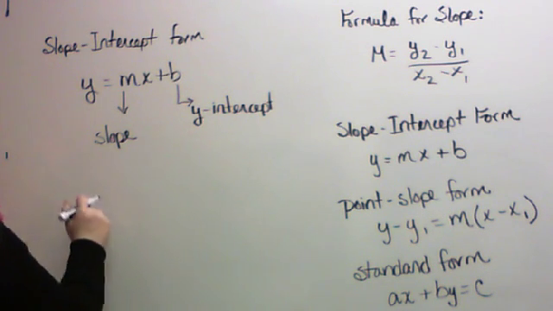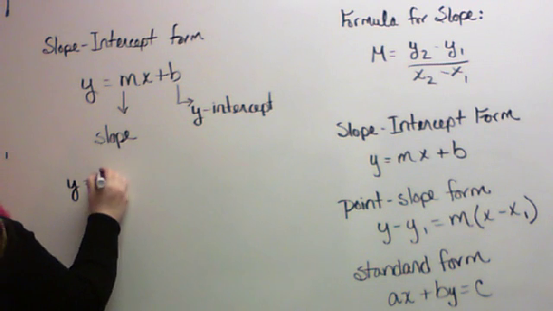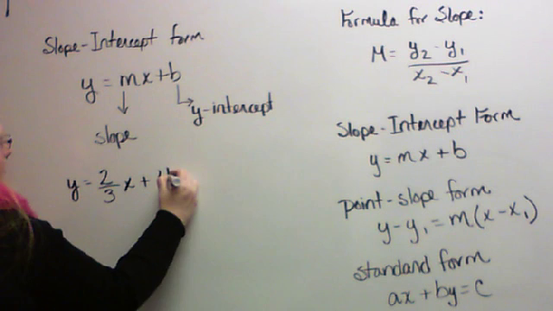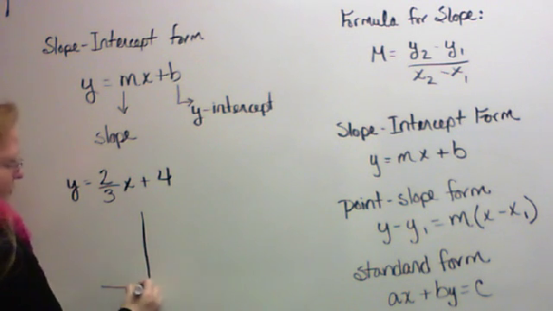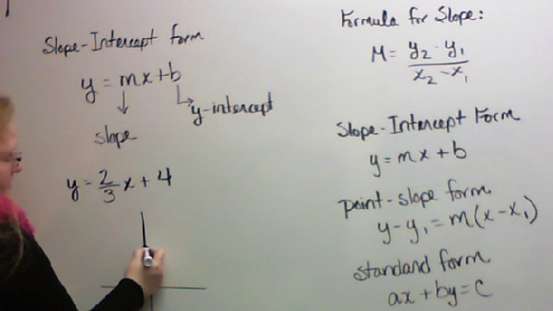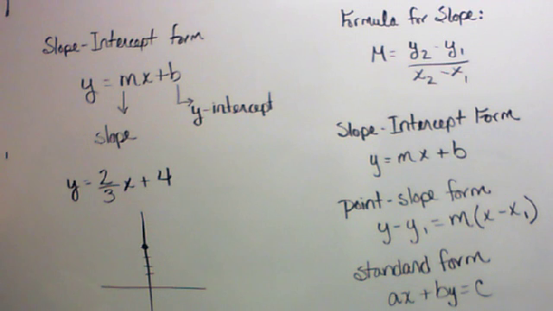So if we were graphing something that was in slope-intercept form, like y equals 2 over 3x plus 4, that means that we need to start graphing at 4 on our y-axis. Y is the one that goes up and down, so I put my first point at 4.